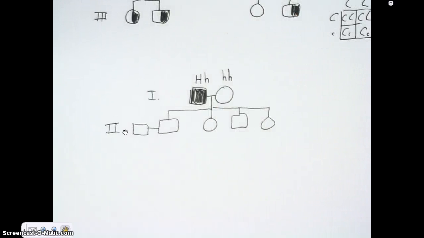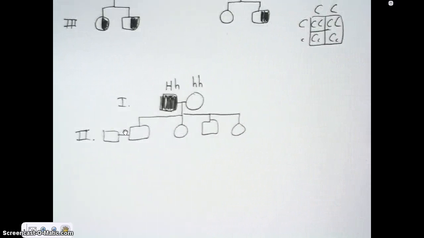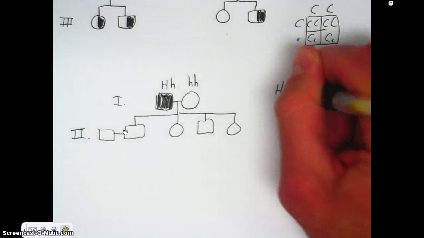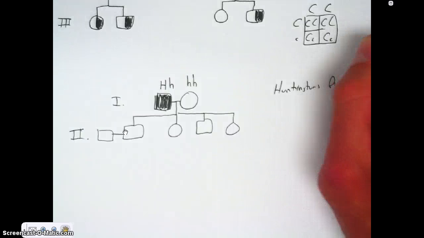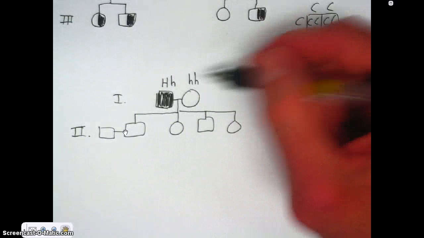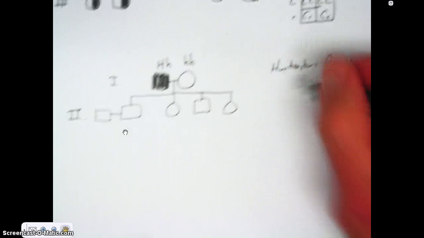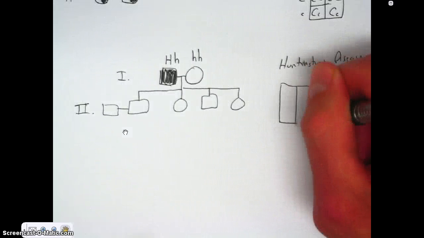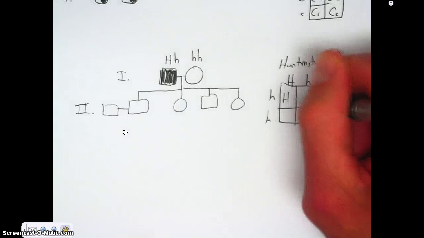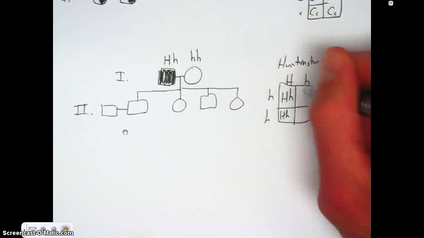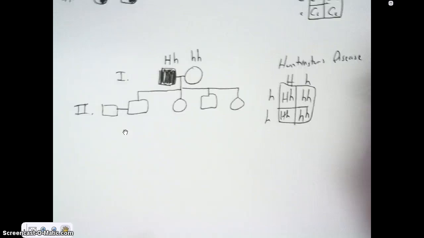She's little h. I'm actually doing this for a real disease called Huntington's disease. Now, if he's big H, little h, and she's little h, if we did a Punnett square for these two, you would see that 50% of the children are at risk of having Huntington's.